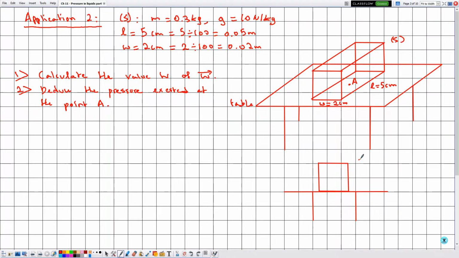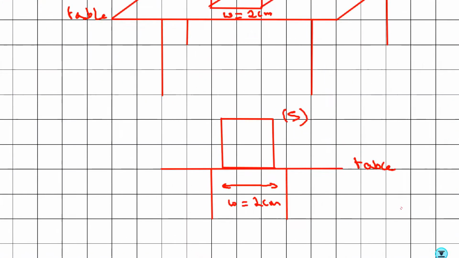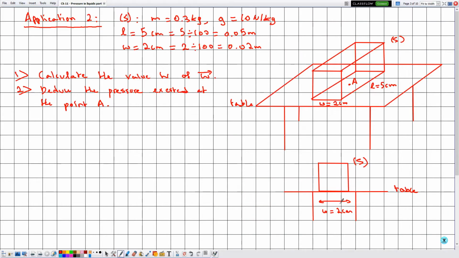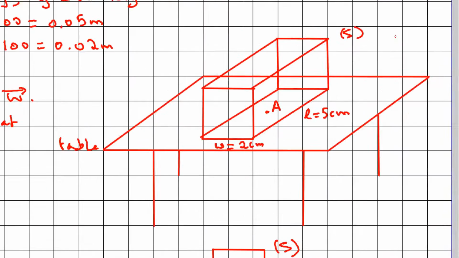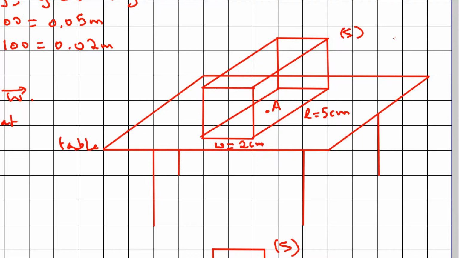So this is the solid S, and this is the table, and this is the width of the solid S, which is given by, in this case, W is equal to 2 centimeters. Here I cannot represent the length because we are looking at the problem as a front view. So we are looking at the table and the solid from the front, whereas in this case we are looking at the solid and the table in a 3D view.